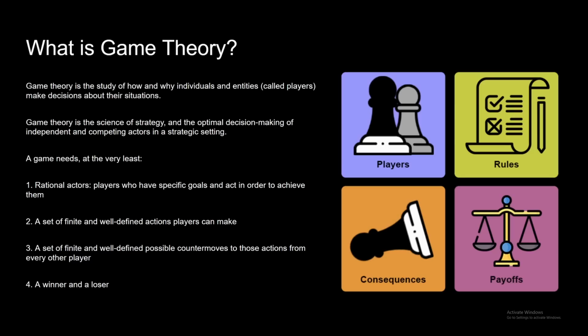So for a game, you need to have number one, rational actors, so players who have specific goals and act in order to achieve them, and also assuming that these players or actors act within their own self-interest. 2 is a set of finite and well-defined actions that players can make. 3 is a set of finite and well-defined possible counter-moves to those actions. And number 4 is both a winner and a loser and some sort of payoff and some sort of consequence.